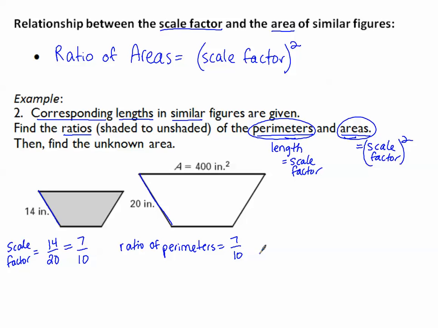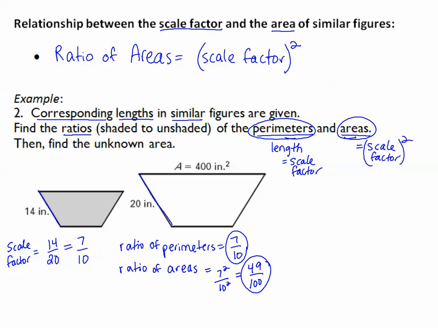If it's any type of length, it's the same ratio as the scale factor. How about the ratio of the areas? Scale factor gets squared. So 7 squared over 10 squared, 49 over 100. There's the ratio of the areas.